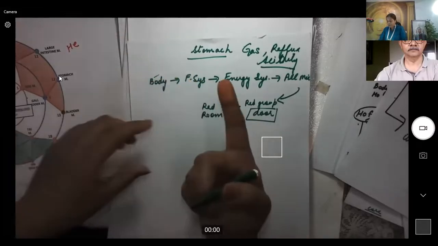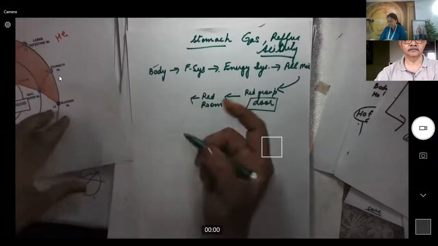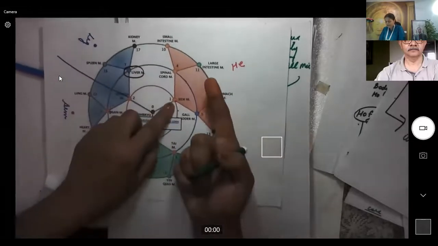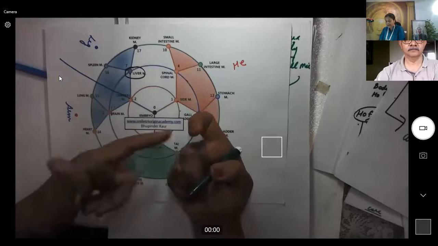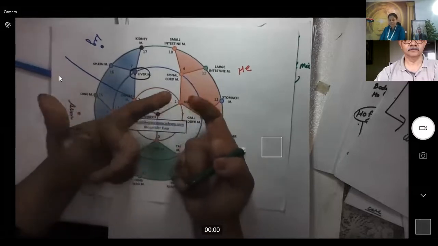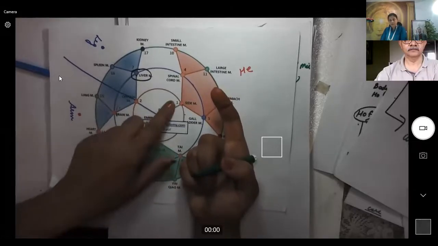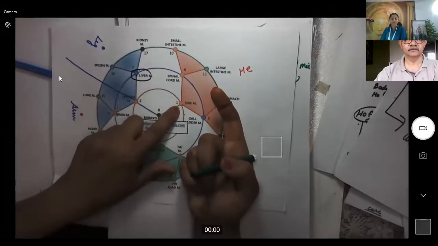Okay, and now in this red room, now we can see dimension. Neutral dimension, nail is here, side meridian. This we will focus in diamond system. Okay, very well, because this is very well understood in diamond system.